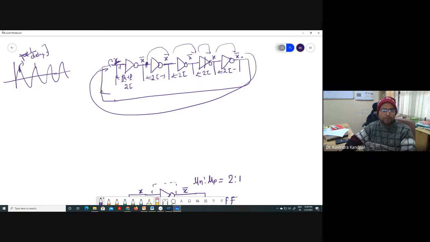In a tool, will you be able to measure the time period? You can easily measure it. This time period indirectly gives you the delay, and this delay indirectly gives you tau.